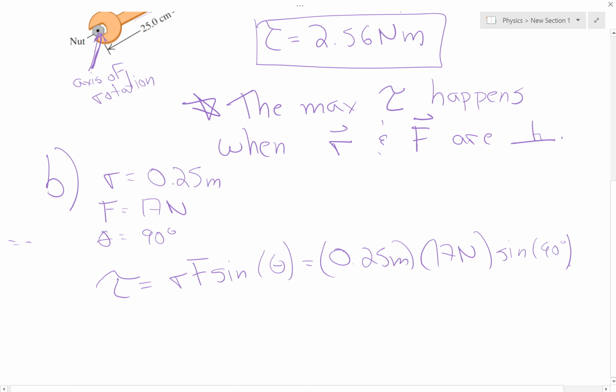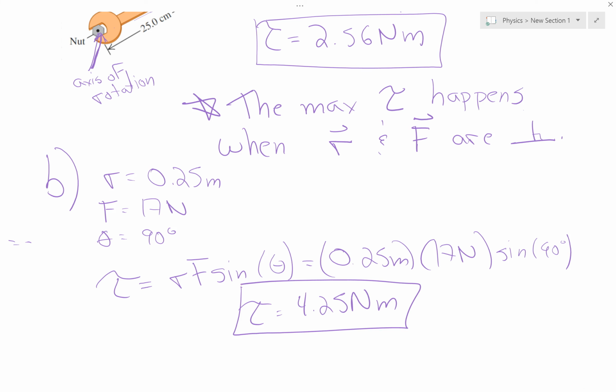What we're going to end up getting is a quarter of 17, or 4.25 Newton meters. So the maximum amount of torque that you can produce in this situation would be about 4.25 Newton meters.